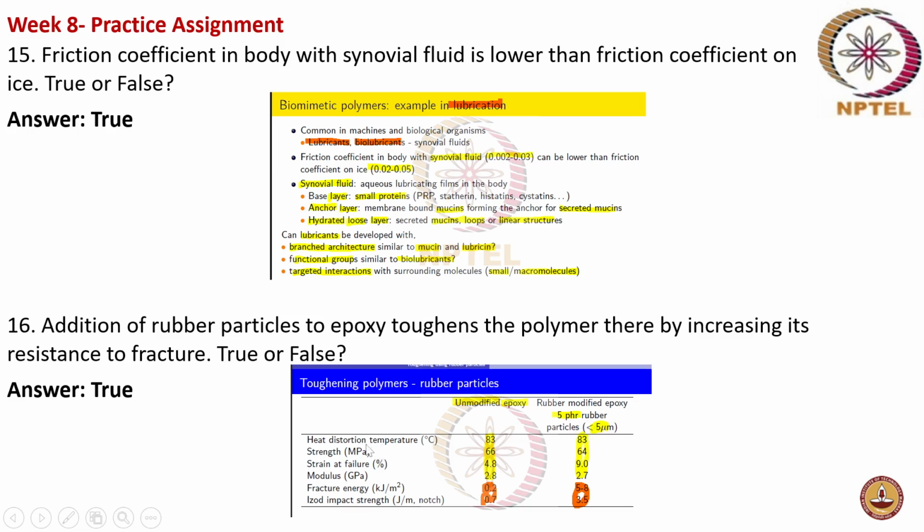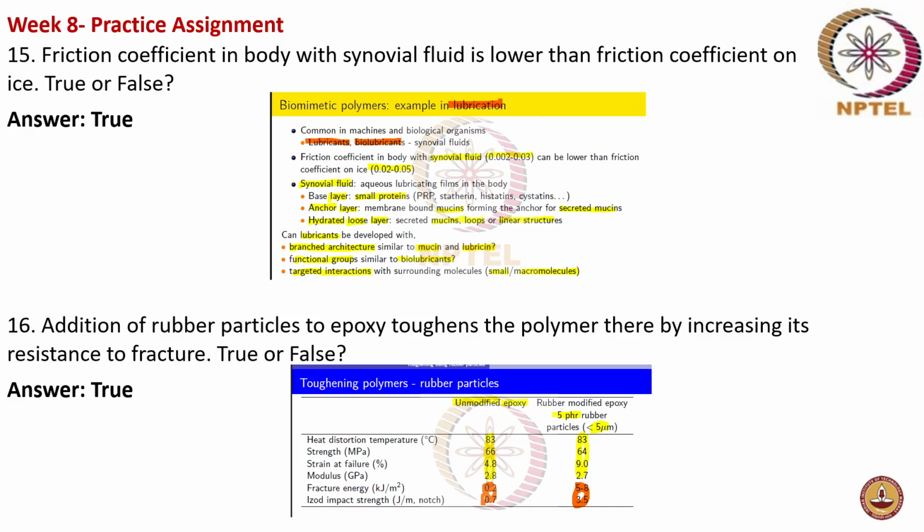You could see other parameters like heat distortion temperature, strength, strain at failure, and modulus are of similar values, or there is a minor increase or decrease. But when you see fracture energy and Izod impact strength, there's a one order increase in these two parameters when rubber particles are added.